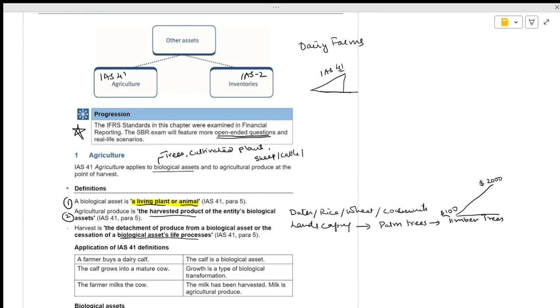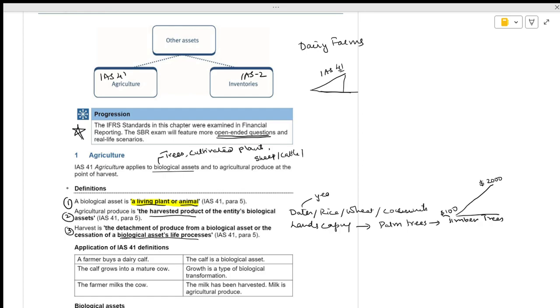Next, the third one is the detachment of the produce from the biological assets and cessation of the biological assets' life process. You take into consideration any product. Dates are there, is it right? It is a season, every year it will happen.